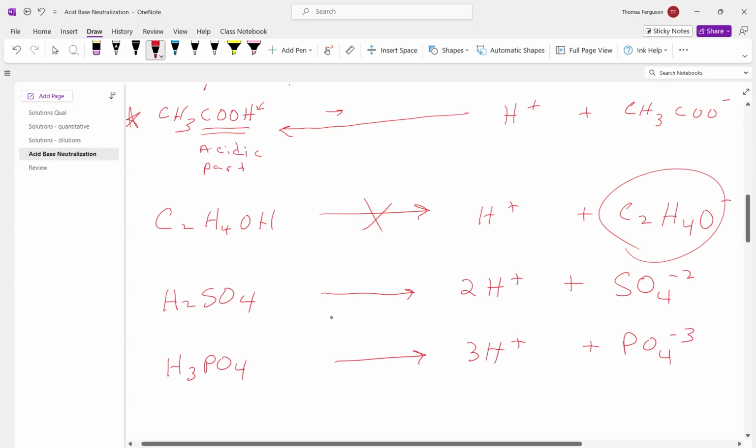Three of them come off. Now, the three coming off is not very common. Two coming off is sort of common. A lot of organic acids, you can have multiple hydrogens coming off, particularly biochemical acids.